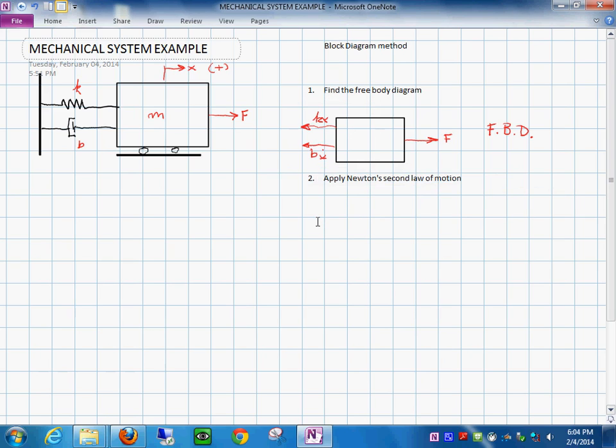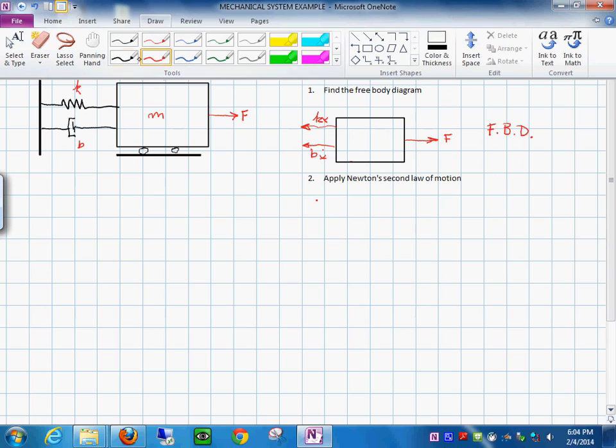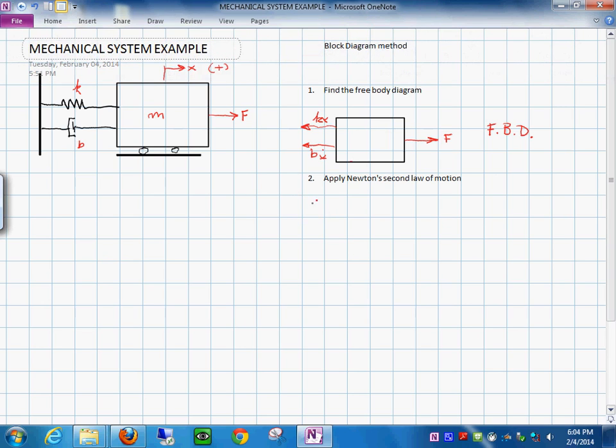What does Newton's second law of motion mean? It means that the summation of forces equals the rate of change of momentum, and we can express it in the form of a differential equation. Basically, the summation of the forces equals mass times acceleration.